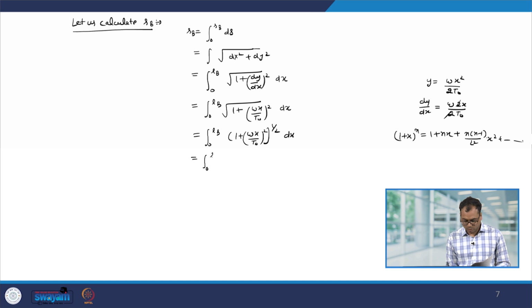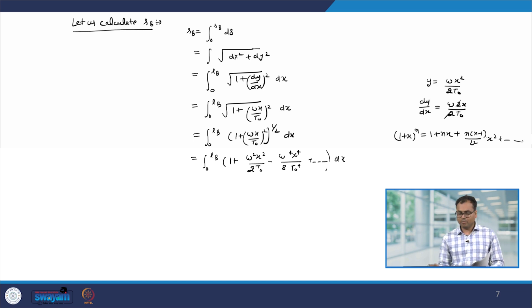So, we will have integral 0 to LB 1 plus w square x square over 2 T naught square minus w to the power 4 x to the power 4 over 8 T naught to the power 4 plus so on dx.